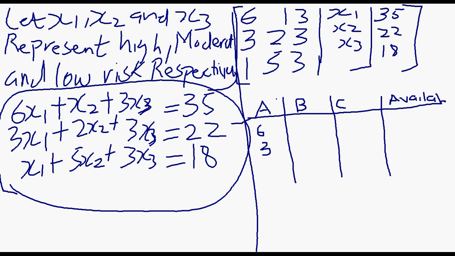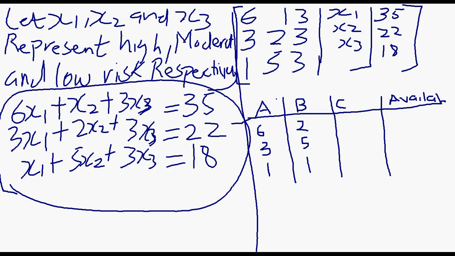And then in portfolio B, we're having 2 moderate, 5 low, and 1 high.